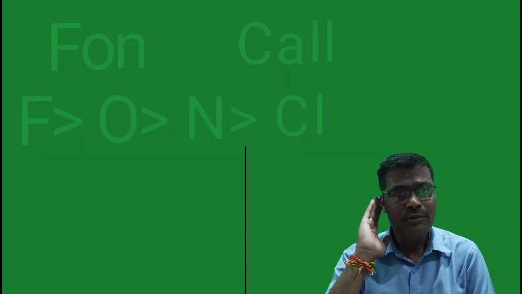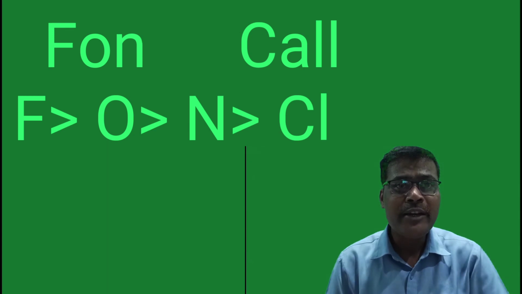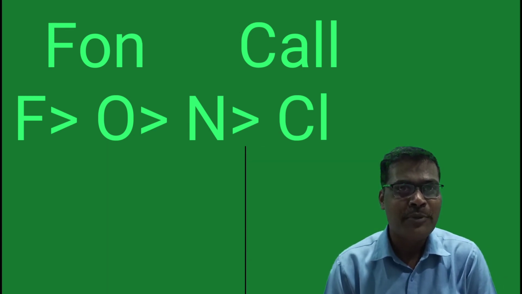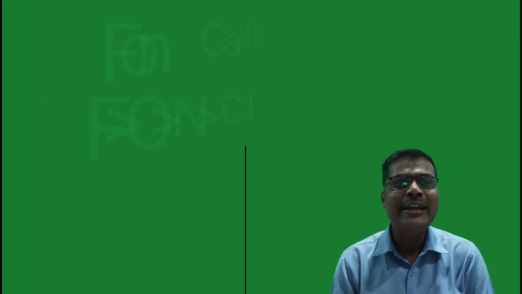To remember the elements with the highest electronegativity values, we just have to remember "phone call". But the spelling of that phone call is going to be quite different: F-O-N and C-A-L-L.